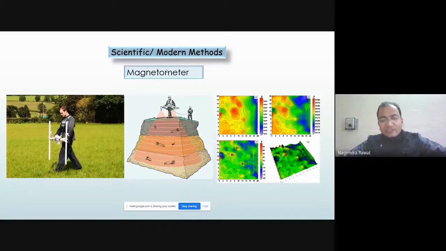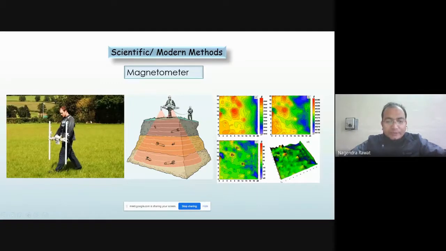In this illustration, people who are not from an archaeological background can understand how people do a magnetometer survey on the field and what kind of data they get after processing it on the computer.